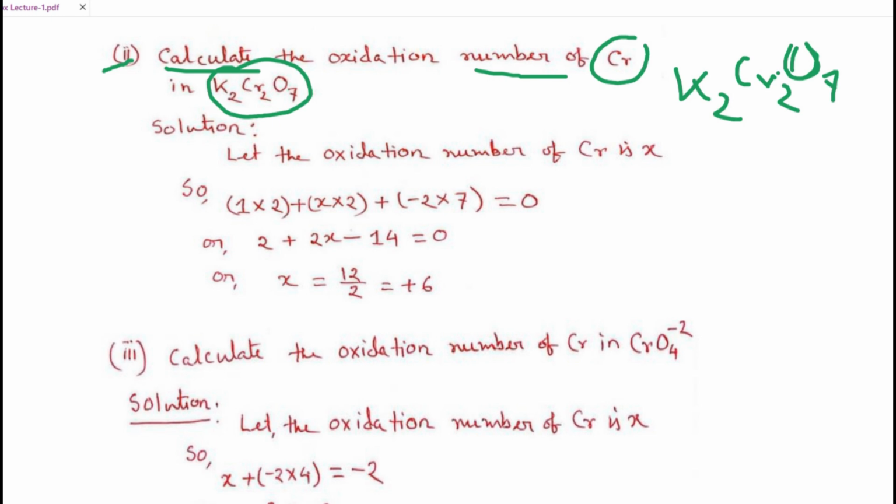Here let the oxidation number of chromium be X. You don't know what the X value is, so you will calculate. Chromium is X.